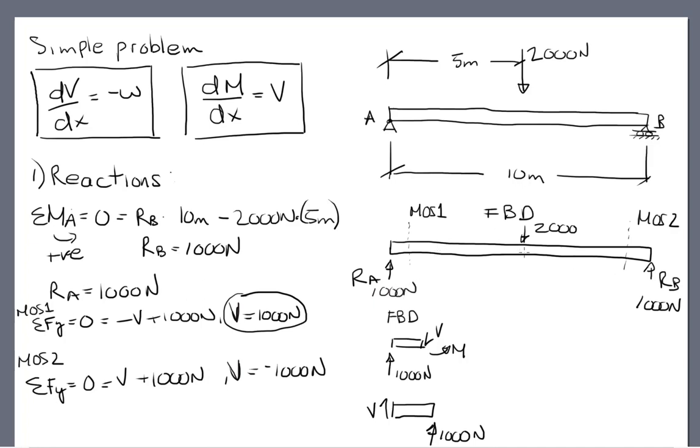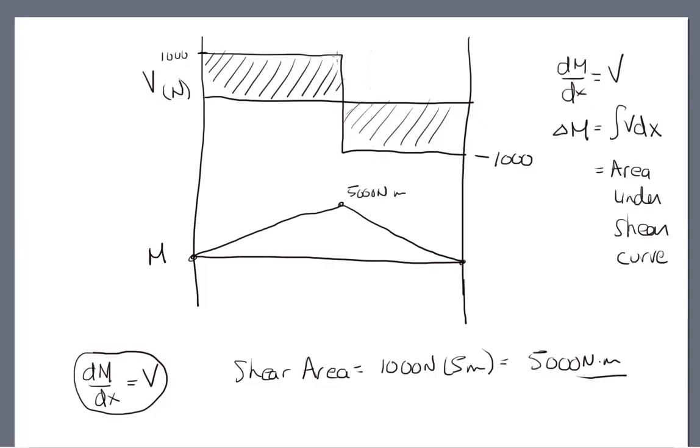Those two reactions combined with the load result in your shear curve of 1,000, negative 1,000, and then you can use these two relationships, dM by dx equals V, or delta M equals the area under the shear curve, or integral of V dx. And you can see you end up with these shear and bending moment diagrams.